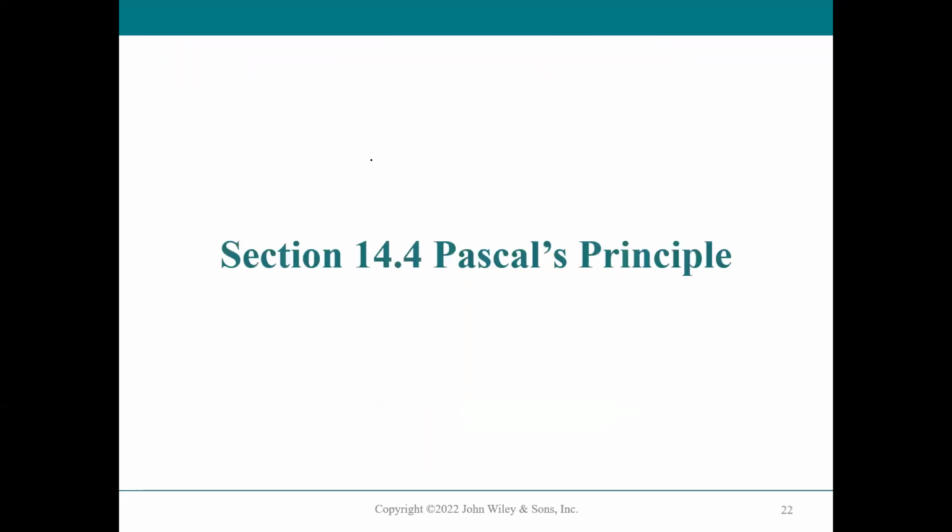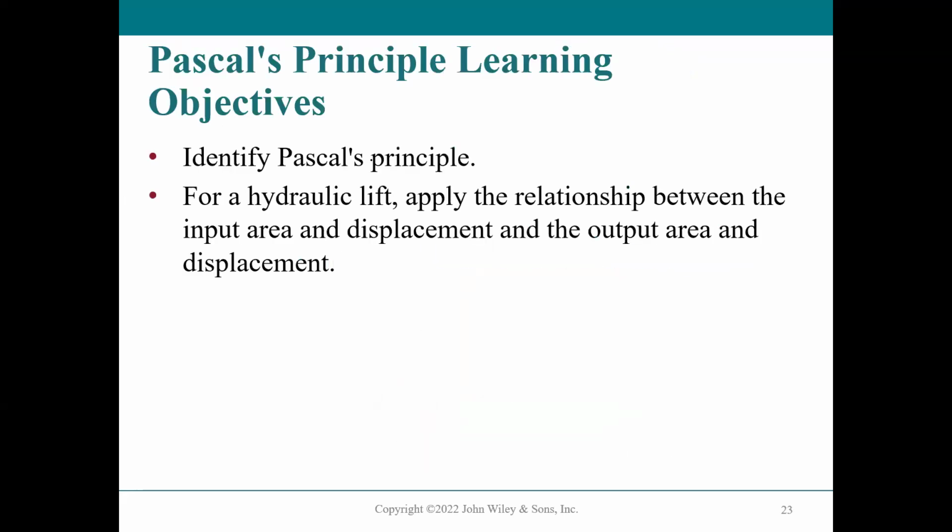And then Pascal's principle. So we need to identify Pascal's principle, and for a hydraulic lift, apply the relationship between the input area and displacement and the output area and displacement.